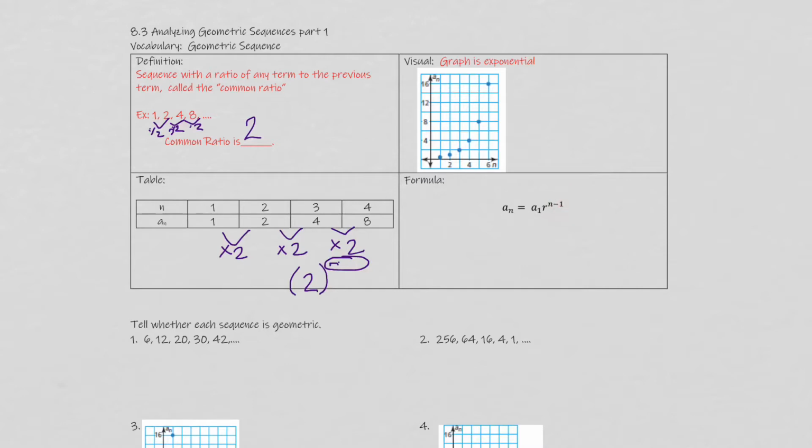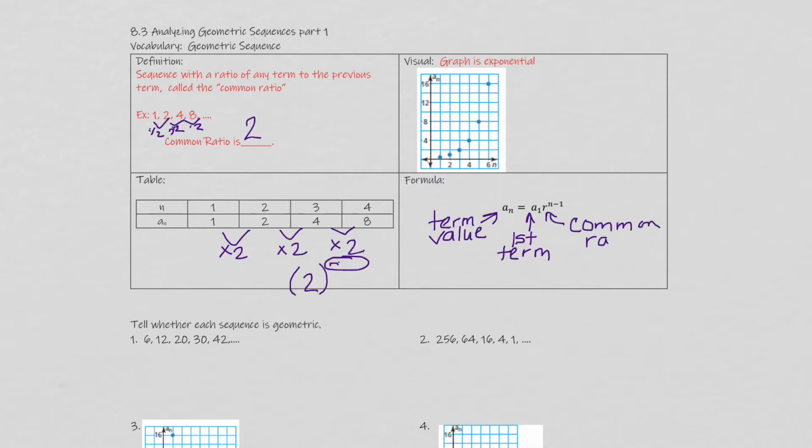power. So if I'm defining all of those, again, the a sub n is my term value for whichever term number we're talking about, right? The a sub 1 is my first term of the sequence. The r is my common ratio that you found in your sequence, and sometimes you might be given it.